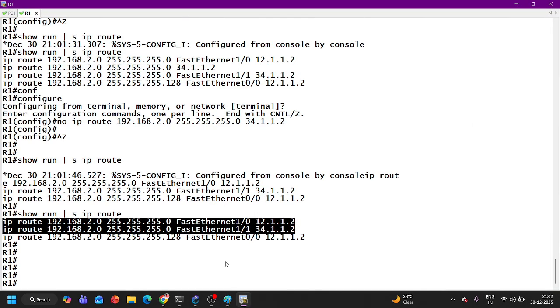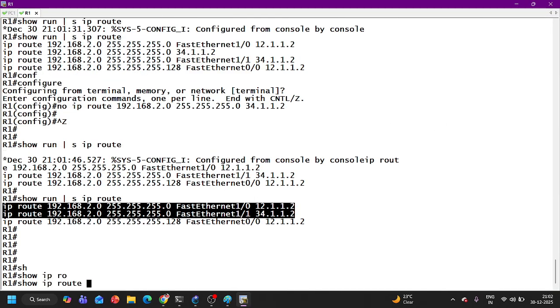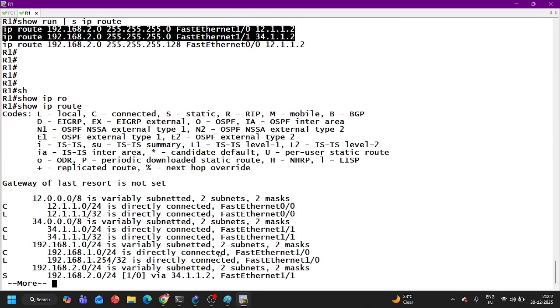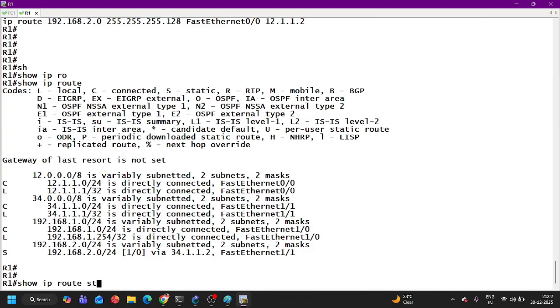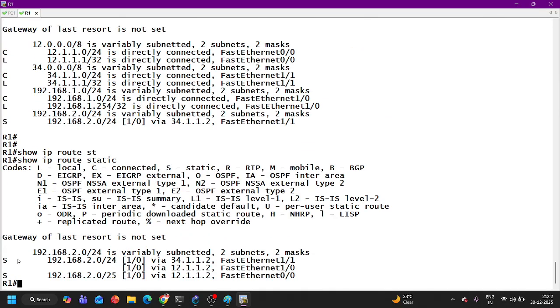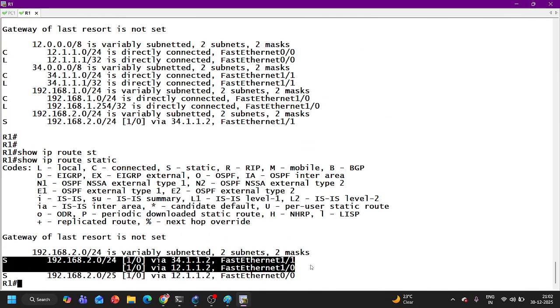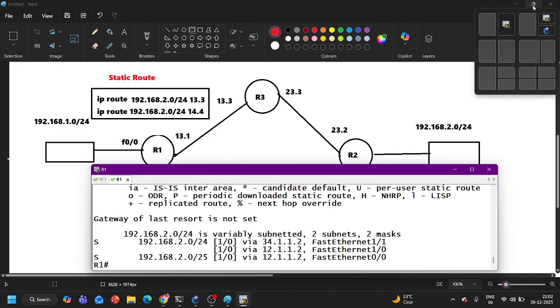So let me show you the routing table. So IP route. If you want to filter, IP route static. See what is happening here. Remember one thing, if there are two paths in the routing table, then the router will use both. Whatever paths are available in the routing table, what I told you, the routing table is not the path, it is the best path.